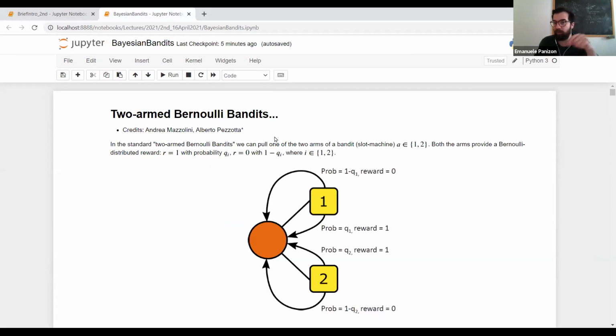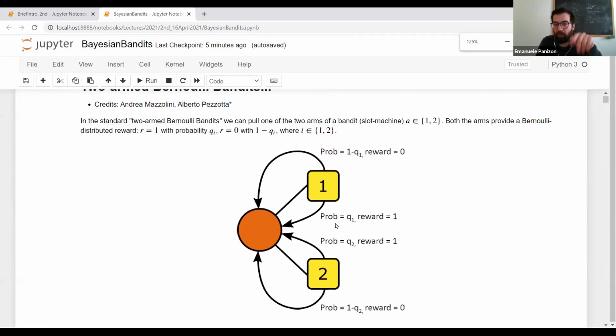So we have a two-armed Bernoulli bandit. You will have seen it several times by now. It's a standard. Let me increase the size a bit. We have just this simple system with only one state.